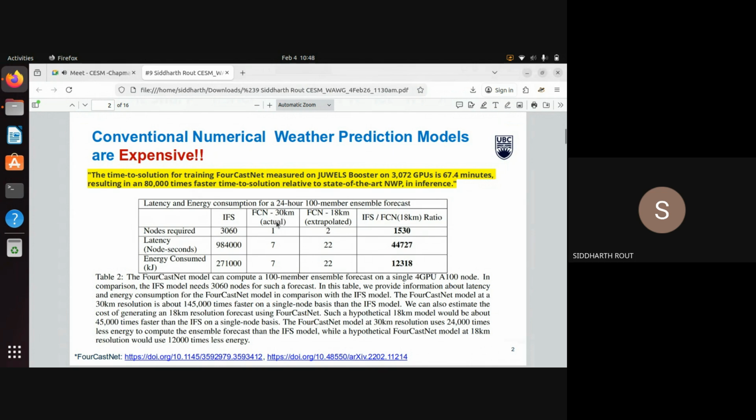It is a coarser model, though, but the thing to notice is that for a model that requires around 3,000 nodes, ForecastNet could produce a similar result with 1 or 2 nodes. Essentially, they want to say that machine learning models are faster, even though they take longer to train. But for using them, it's much faster than solving PDEs and solving the computational problems with conventional methods. So that's one way to increase the sampling rate for ensemble prediction.